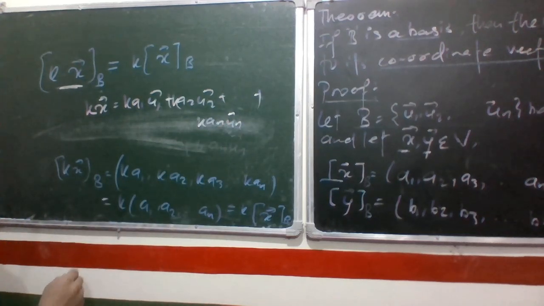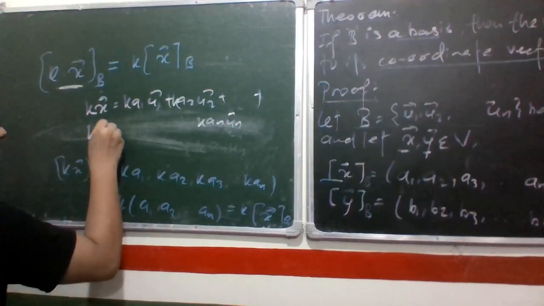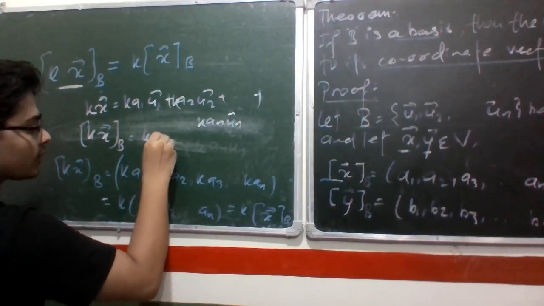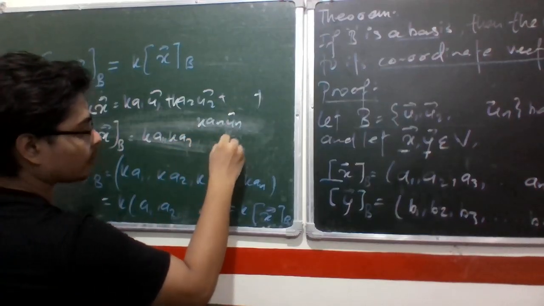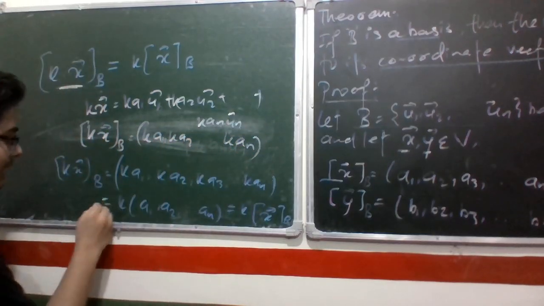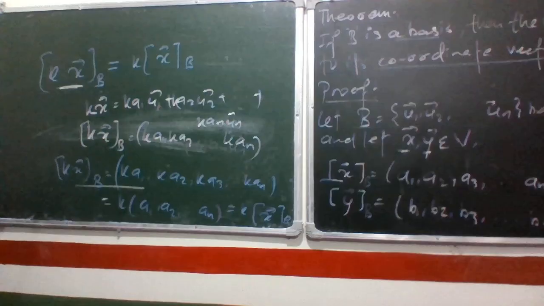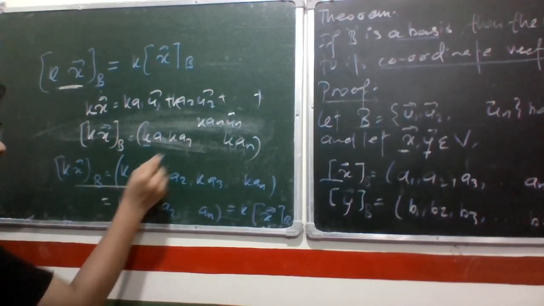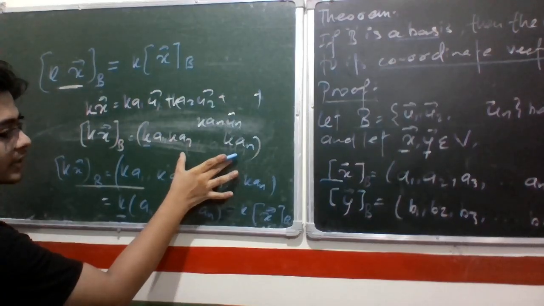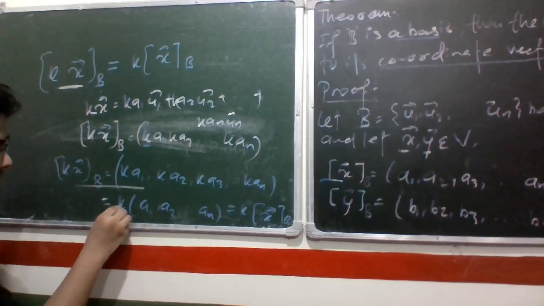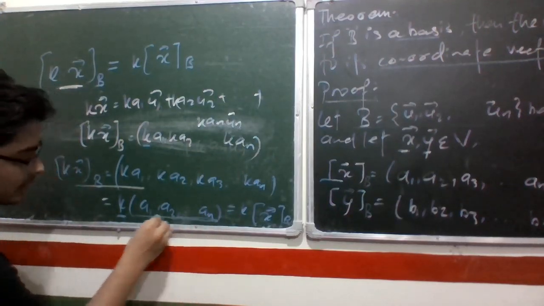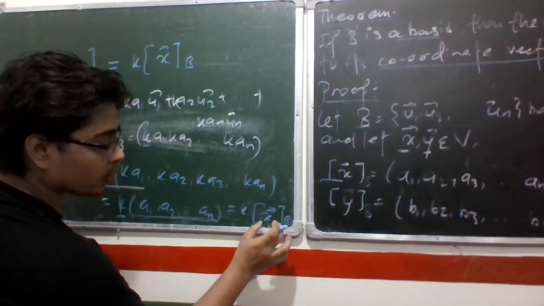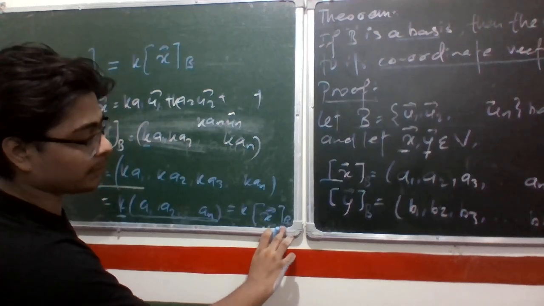Now if you want to write the coordinate vector of this, then we would say it is k times a1, k times a2, up to k times an, as I have written here, right? Then since k is a constant, we can take it out of this coordinate vector. Now we know that from this relation, this is just the coordinate vector of x with respect to the basis b.